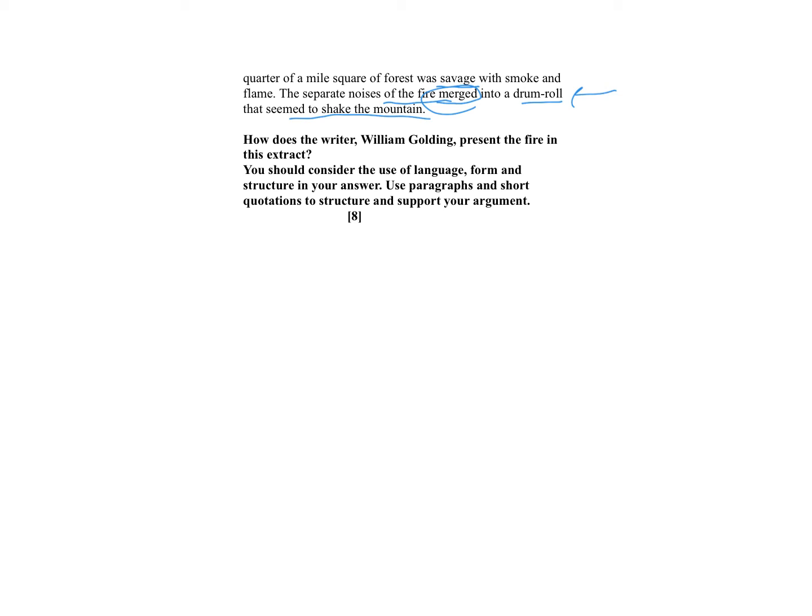So now you've got that you're using the right register, the right tone. A lot of the writer suggests, present tense, the writer conveys, the writer portrays, or Golding could suggest, Golding shows, Golding emphasises.